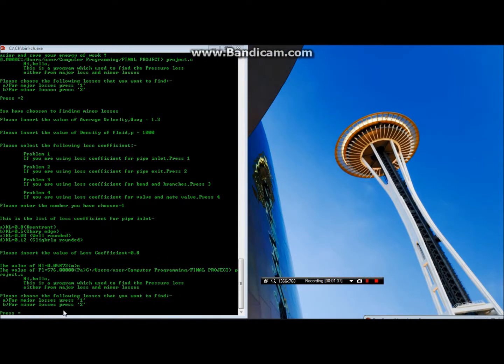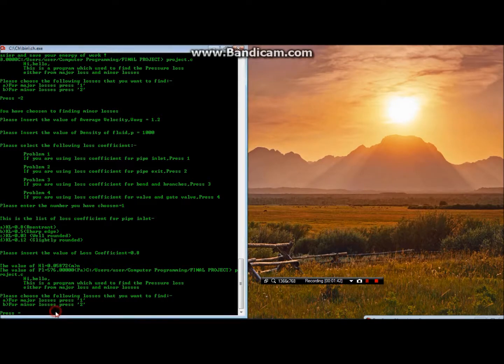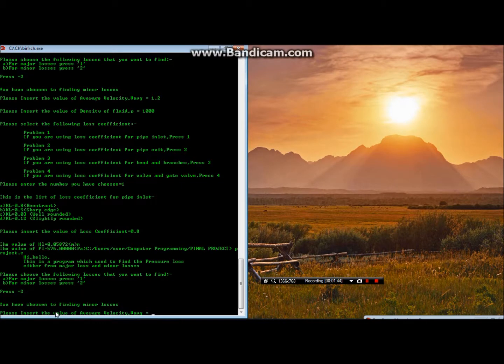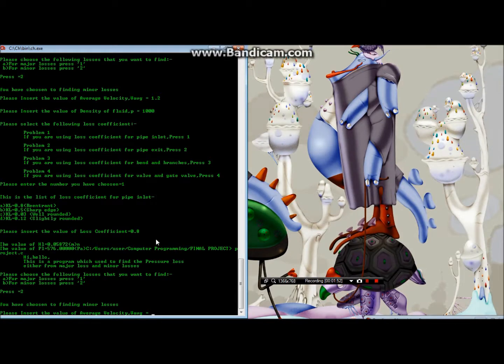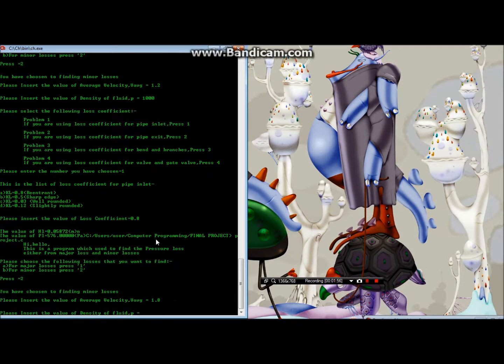To calculate minor loss, press 2. The user enters the value for average velocity, 1.8, and for density, 1000.